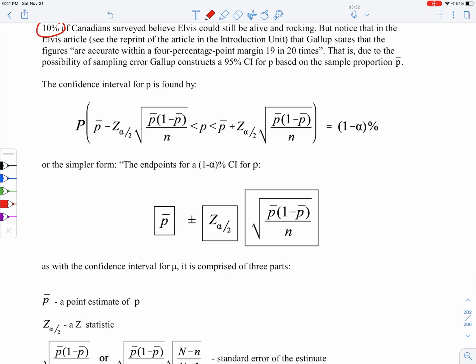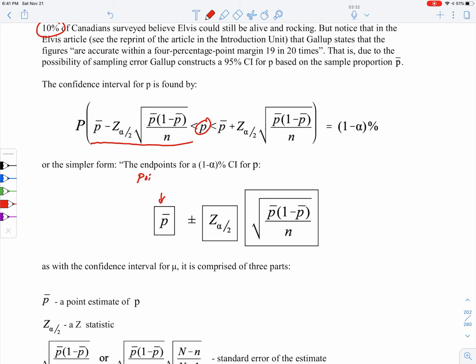This is a 95% confidence interval for the binomial P, the proportion. So here you've got P in the middle here, and then it's got this part right here. What I want you to note is that although altogether it looks kind of ugly, just like the one for the mean did, it actually breaks down to the same three parts that we had before.